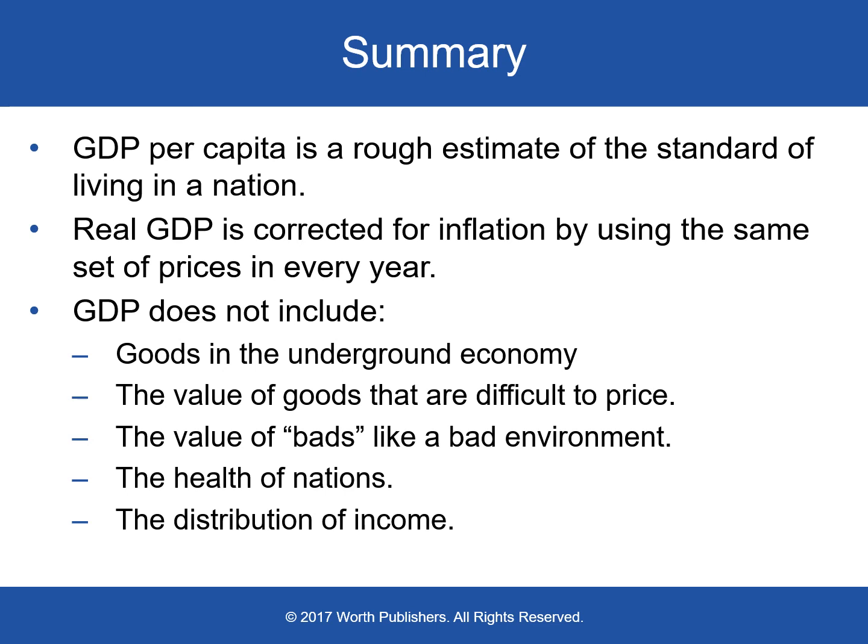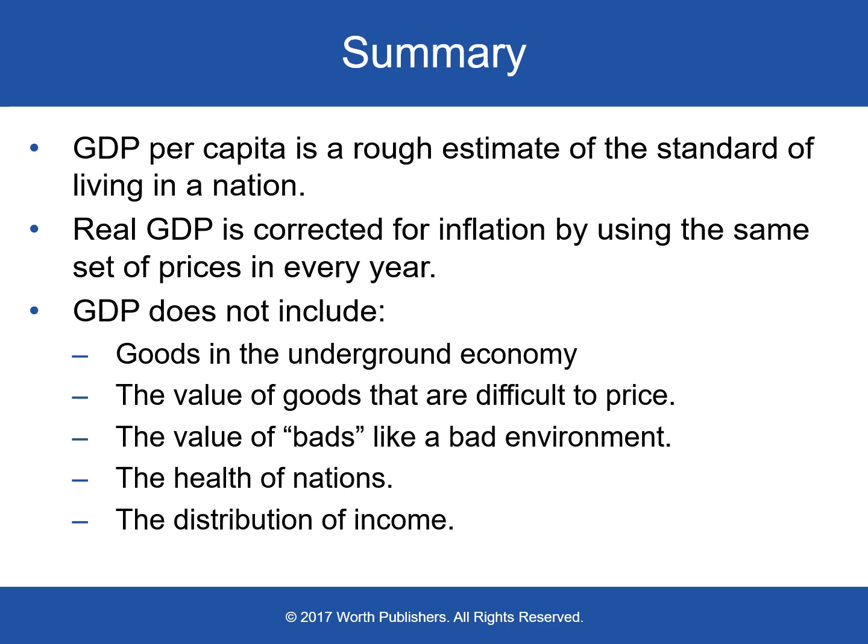GDP has limits. It does not include goods in the underground economy, the value of goods that are difficult to price, the value of bads, like a bad environment, the health of nations, or the distribution of income. GDP is an aggregate measure divided by the size of the population, so it really has nothing to say about how equally income and welfare is distributed.